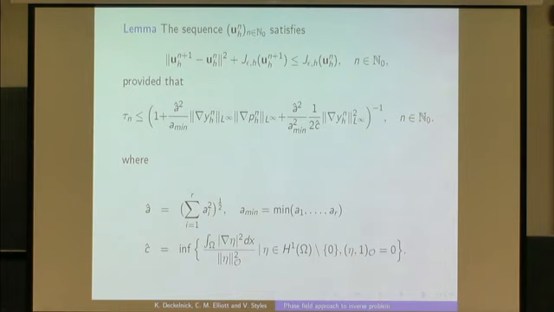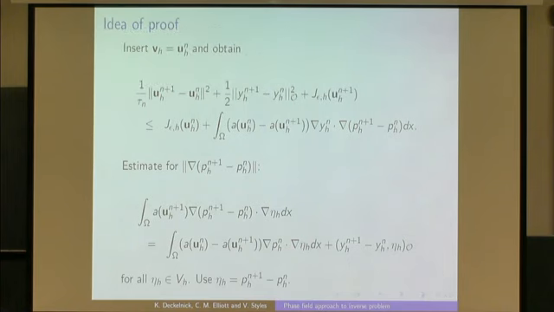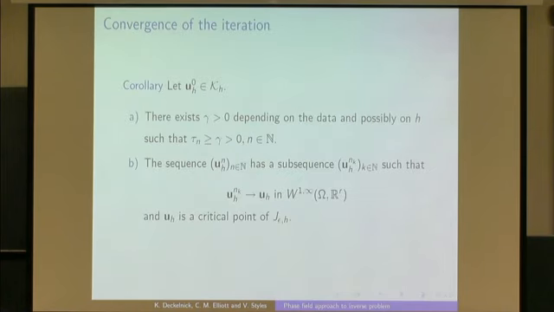I won't talk about the proof here, I don't think that's very helpful. You can prove that whenever you start, with an arbitrary initial value, there exists a constant gamma, so that these tau_n are bounded from below.